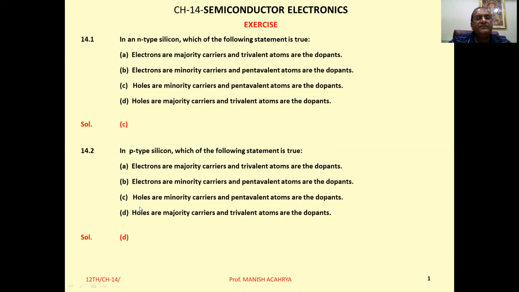Again, wrong one. C. Holes are minority carriers and pentavalent atoms are dopants. Wrong one. This one is for N-type. Then D, holes are majority carriers. Yes. And trivalent atoms are dopant. Yes. It implies that the D option is the correct one. Clear?